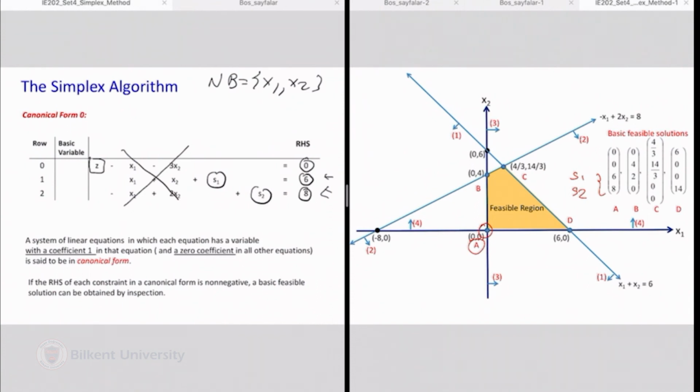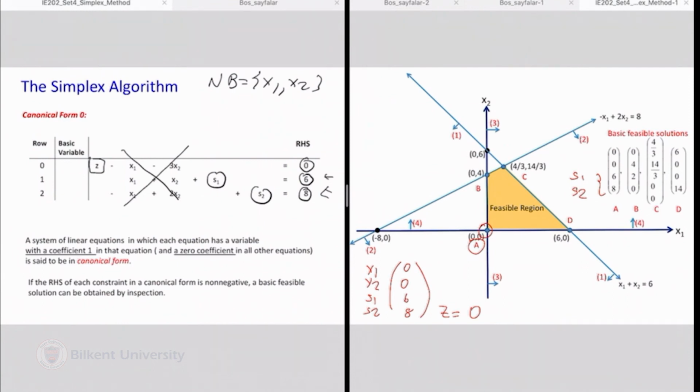In other words, you can pinpoint the solution right away: x1, x2 are non-basic, and s1, s2 are your basic variables, 6 and 8. And you can also see that the objective function is equal to 0. This is what the canonical form representation is helping us do: simply tell us the current solution, the objective value of the current solution, and whether I can improve it or not.